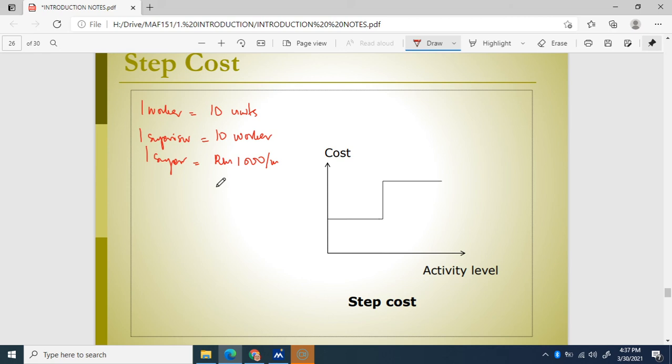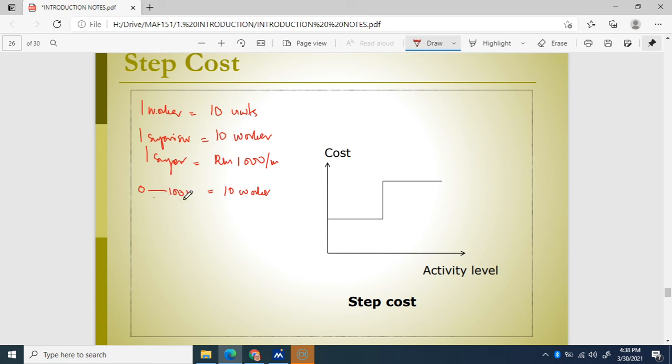Let's say if the company does not produce anything, so the quantity is zero, up to 100 units. One worker produces 10 units, so 100 units needs how many workers? 10 workers.